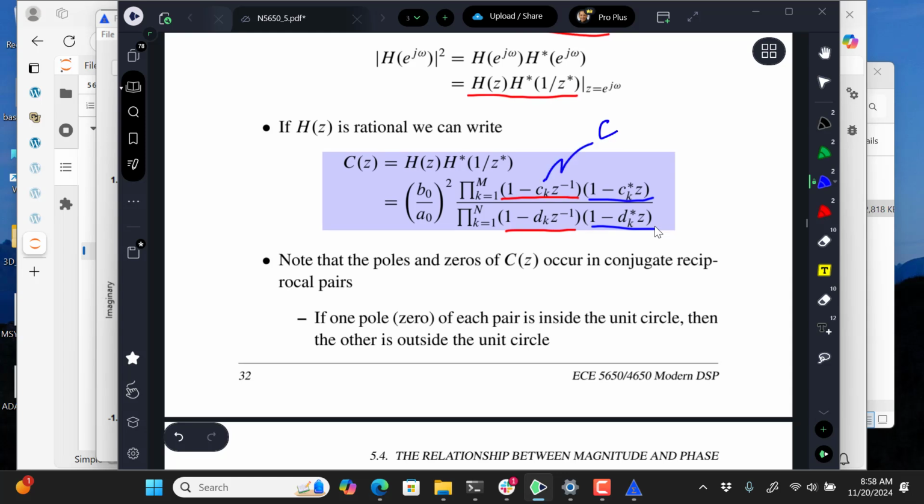So this has a zero at 0, and then this zero is 1 over CK conjugate.